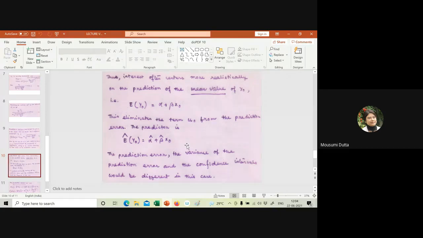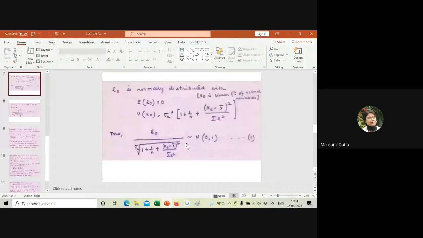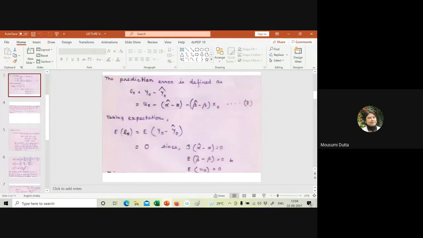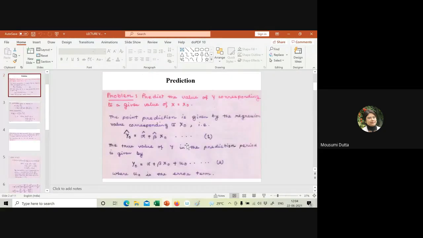So it will be similar to the value of the point predictor which we got earlier. y naught hat is equal to alpha hat plus beta hat x naught. So both y naught hat and the estimate of expectation of y naught are giving us similar values.